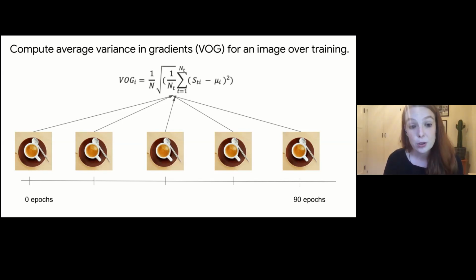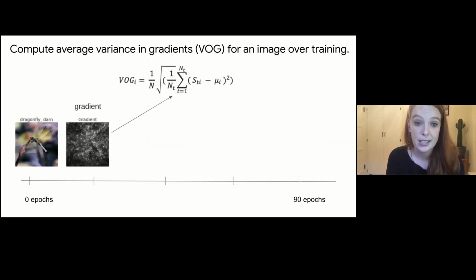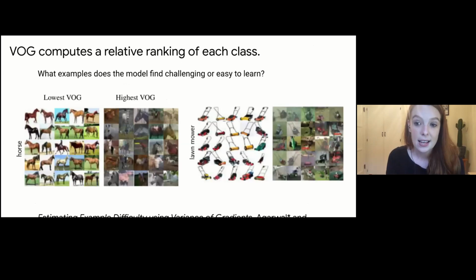And so that's what we do. We look at checkpoints over the course of training in the same way that you would typically save your checkpoints in a normal training regime. And then we compute the input gradients, and we look at the variance of that image consistently over the course of training. And what we find is that it actually provides a really useful ranking of each class.